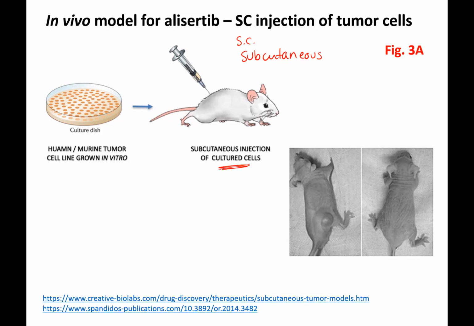So like HeLa cells. And because those are cancer cells, the mice will eventually develop a tumor in that area. And so what they're going to do is they're going to measure the size of this tumor after they add this drug and see if alisertib is affecting tumor formation from HPV infected cells.